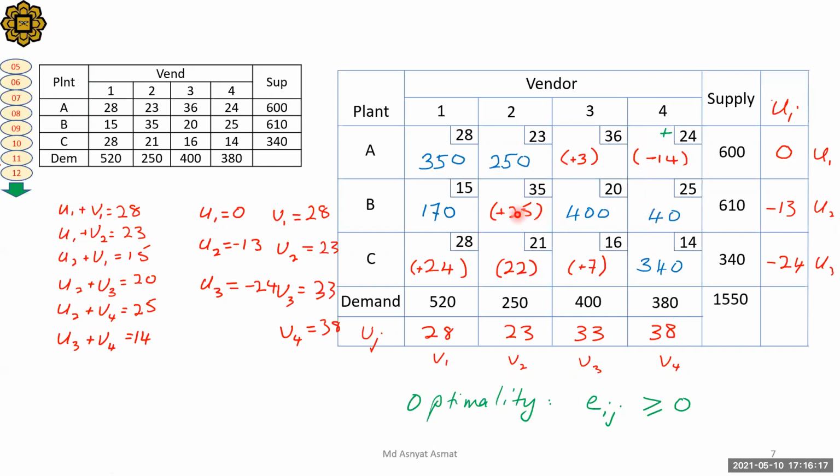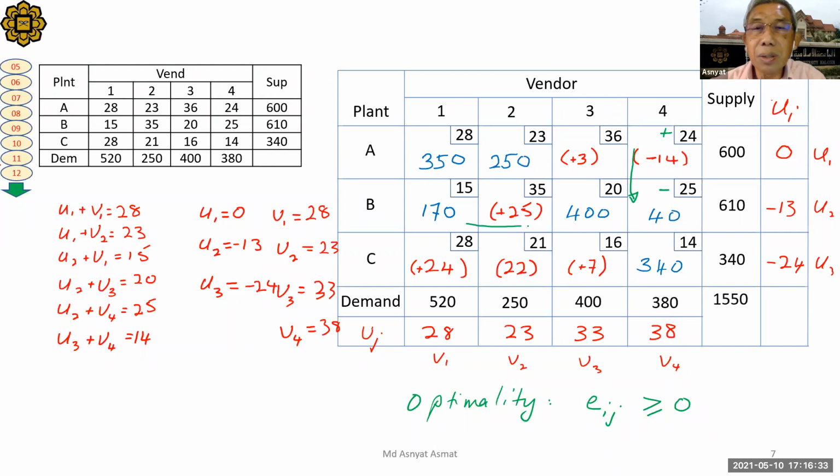Yes. So let's draw the closed path from here to here. Then put positive and negative signs alternately.